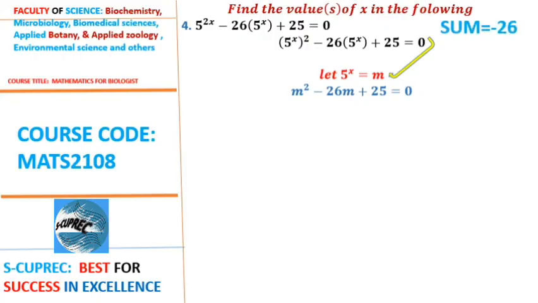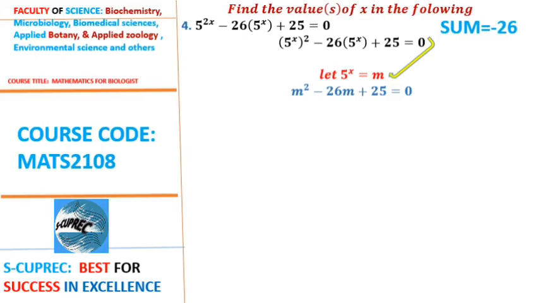To solve a quadratic equation, if we are using the method of factorization, since we already used the formula method in the previous exercise, let's use the factorization method here so as to move fast. To solve a quadratic equation by factorization, you have to look for two numbers, that is, two factors of AC.